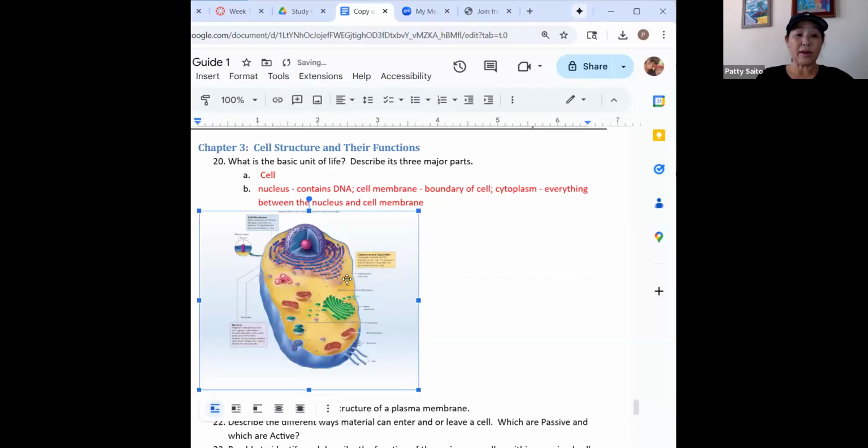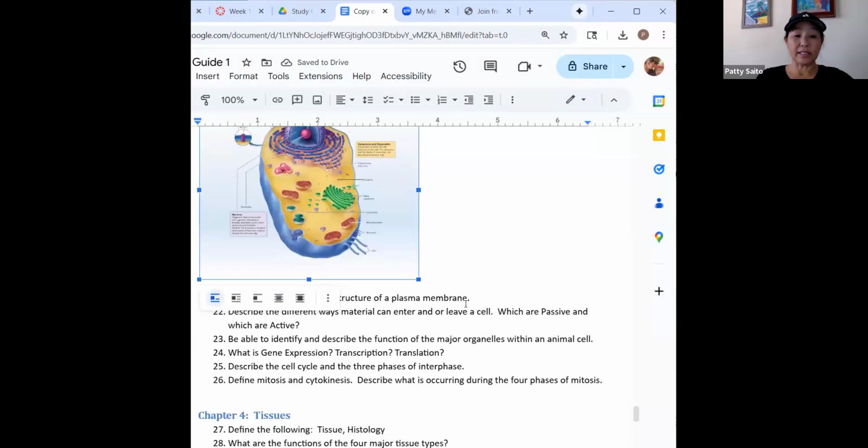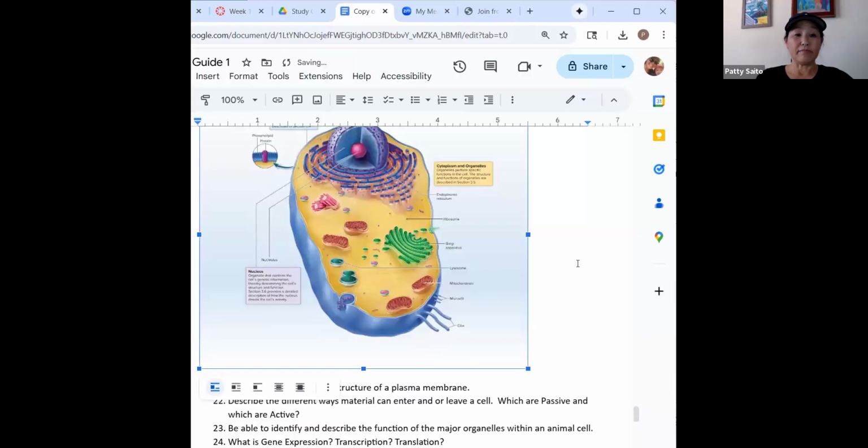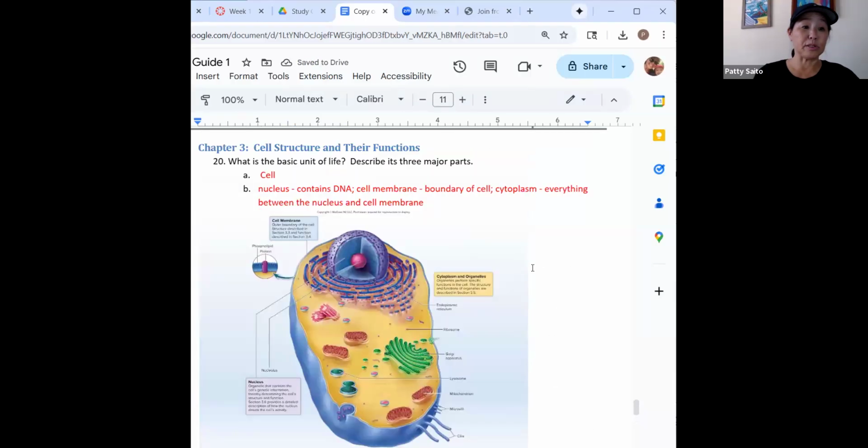And remember that you do have access to these images, and you can make them as big or small as you like. So here's the cell nucleus. And remember, we do have an atomic nucleus too, right? So just to distinguish, but whenever I say nucleus, I typically mean the cell nucleus.